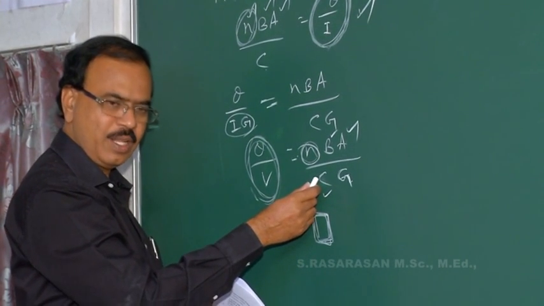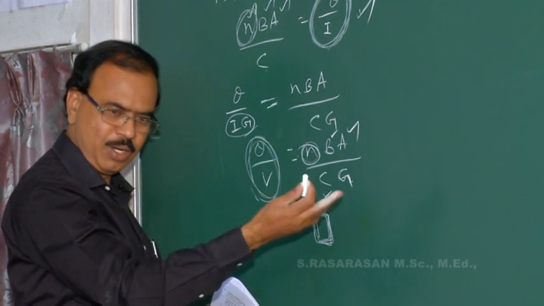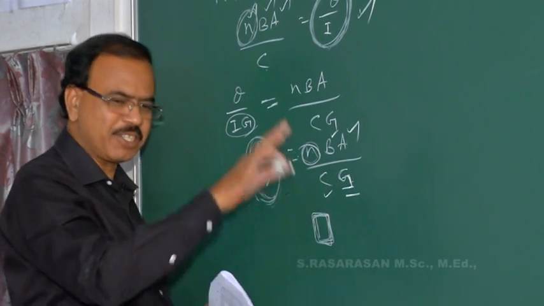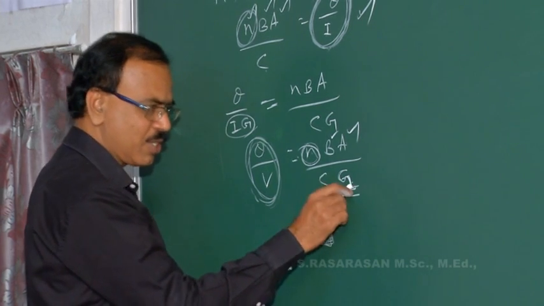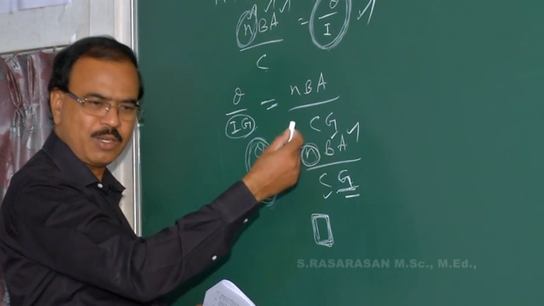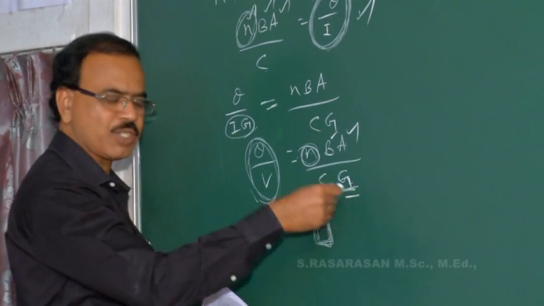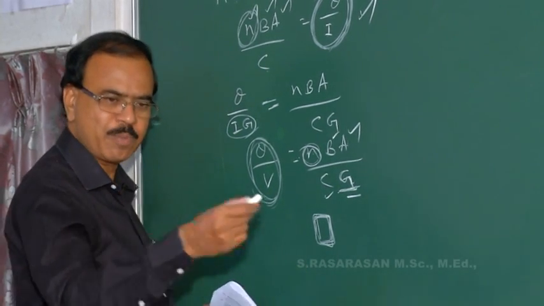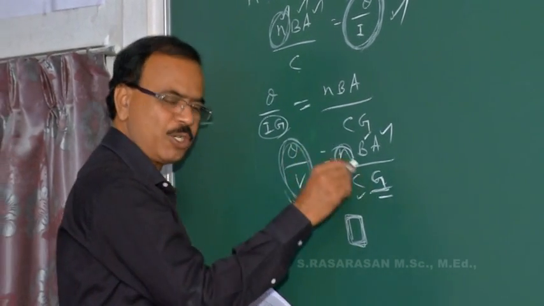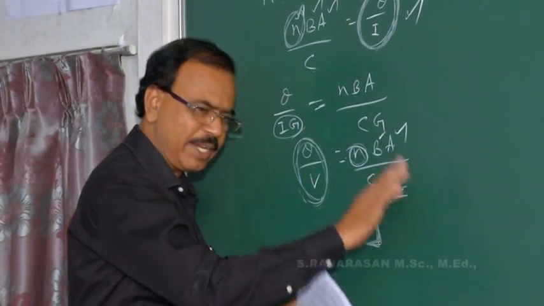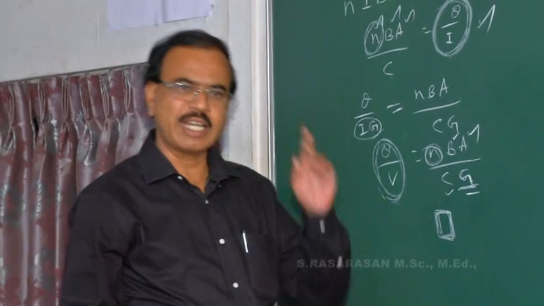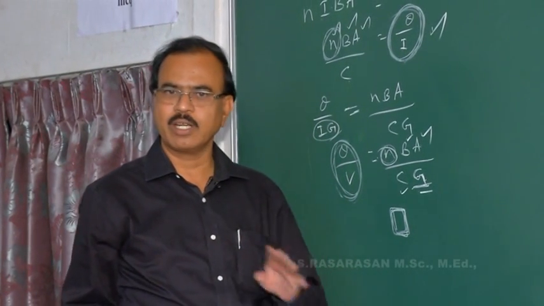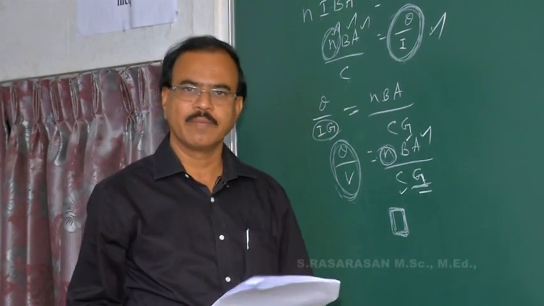Reason: since the galvanometer resistance is in the denominator, as the number of turns is doubled, the length is doubled and the resistance also doubles, as resistance is directly proportional to the length of the wire. So the 2s cancel, and the result remains constant. So increasing the number of turns increases the current sensitivity but not the voltage sensitivity.